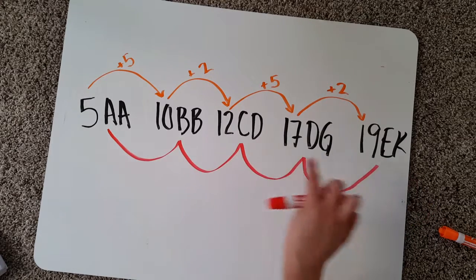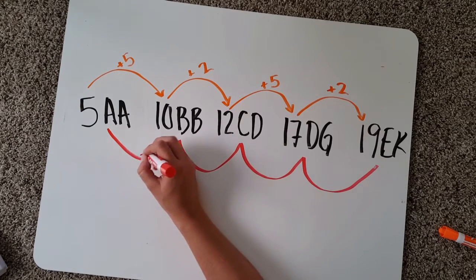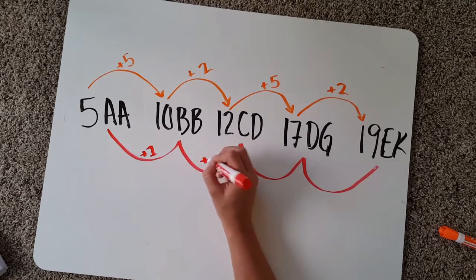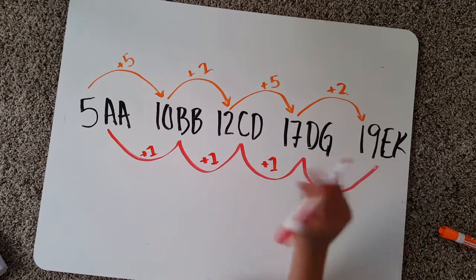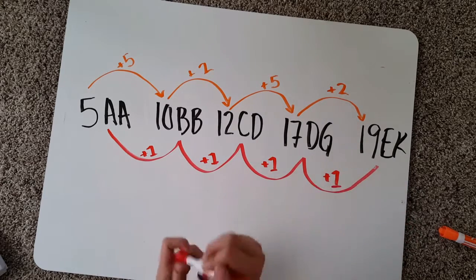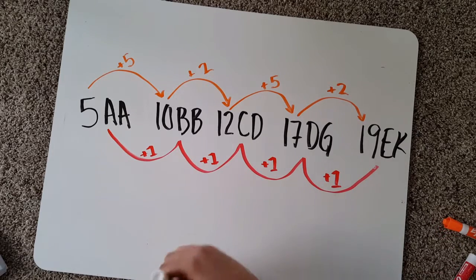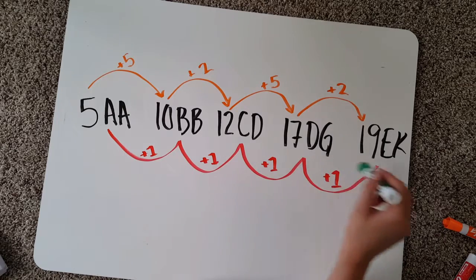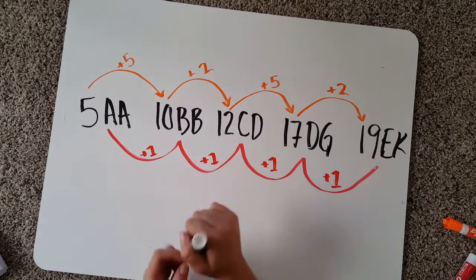A, B, C, D, E. So you're increasing the letter by 1. But what about when we get to these letters that are on the right? So these ones don't increase in as obvious a pattern as those. That's why I left them for last.